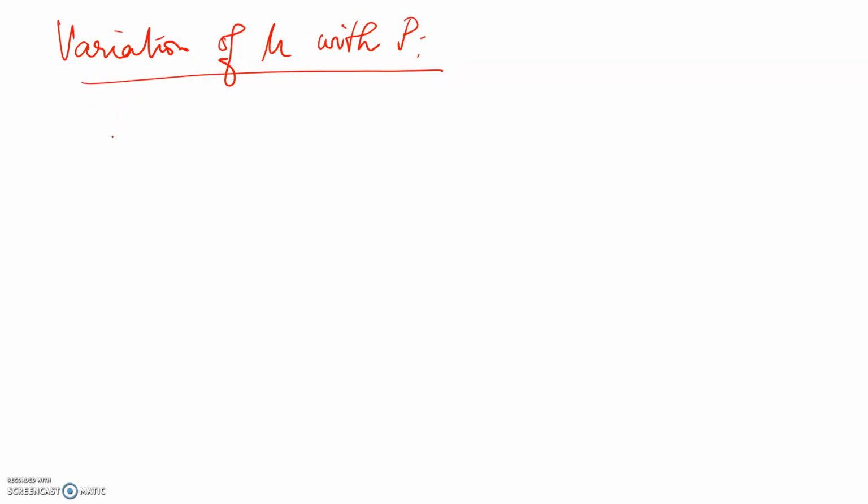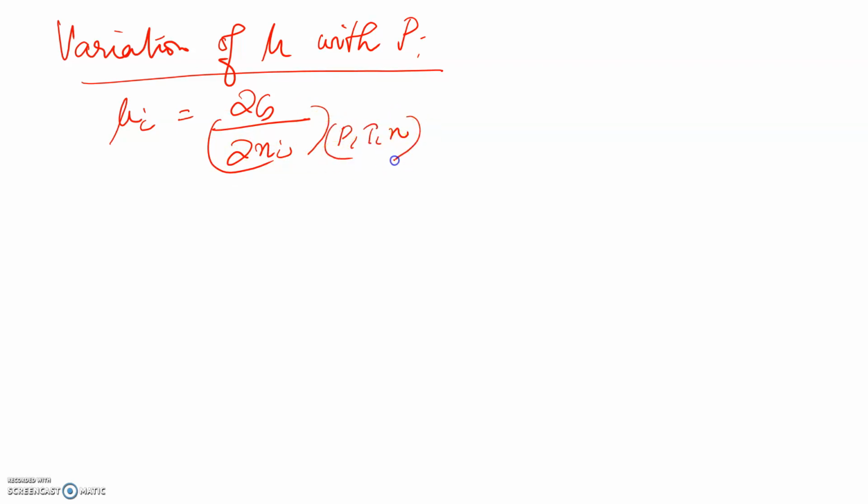Variation of mu with pressure. Like before, we'll write what is mu. Mu I is equal to dou G by dou Ni at constant pressure, temperature and number of moles.